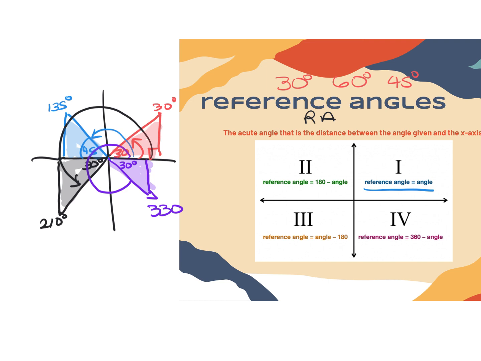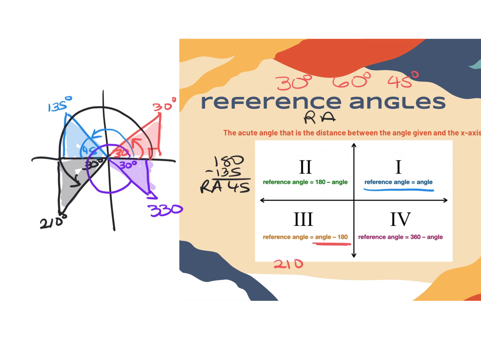But if I wanted you to graph something in quadrant 2, for example the 135 that I graphed, you'll take 180 minus 135, and that would give you your reference angle. And then that's going to be the sides of the triangle you're going to form. Then in quadrant 3, I had asked you to graph that 210.